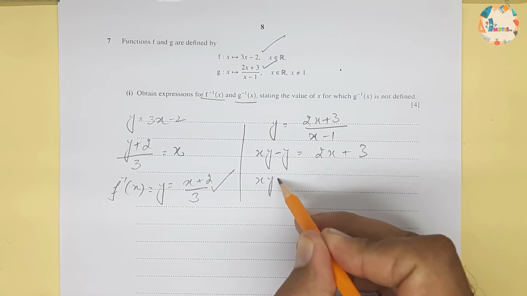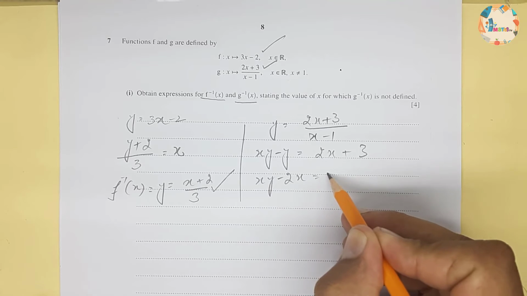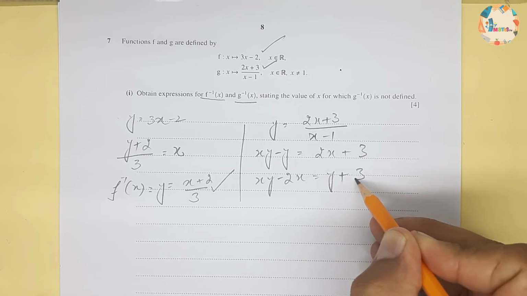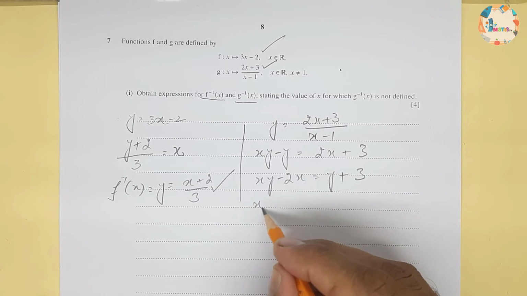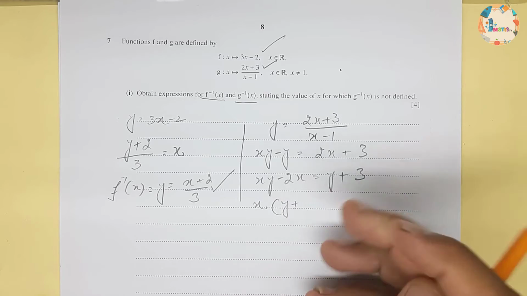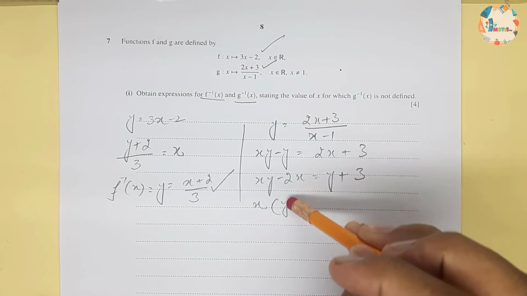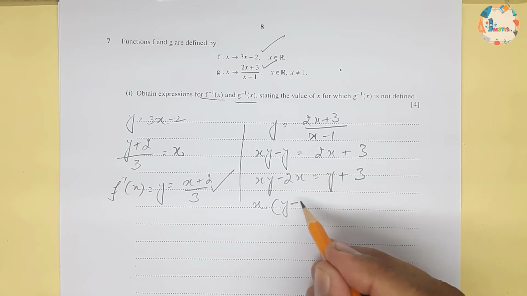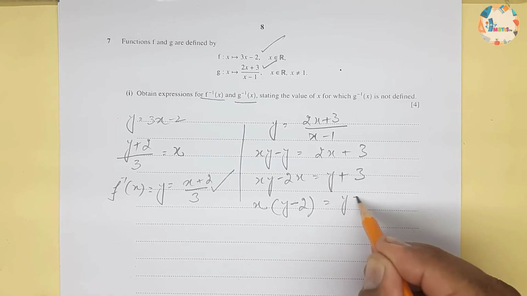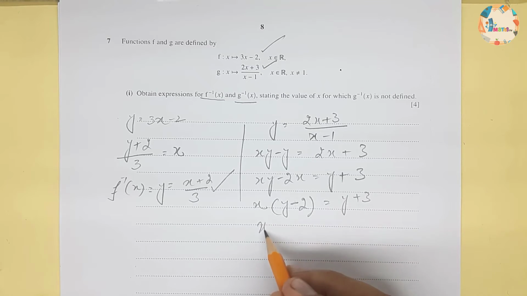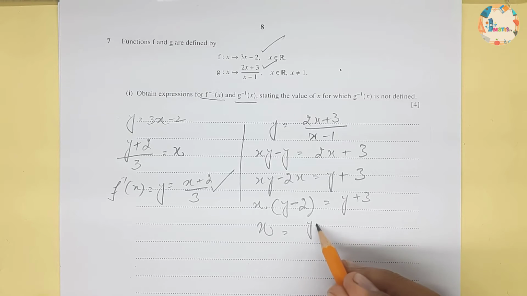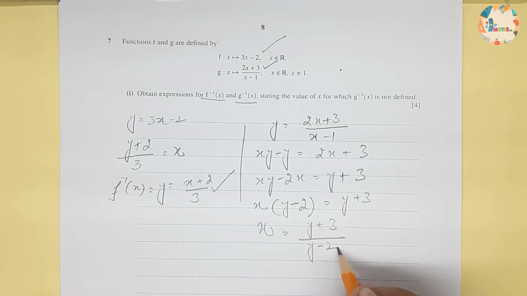So xy minus 2x is equal to y plus 3. And we can take x common, so it will be x times (y minus 2) is equal to y plus 3, and x will be equal to (y plus 3) over (y minus 2).